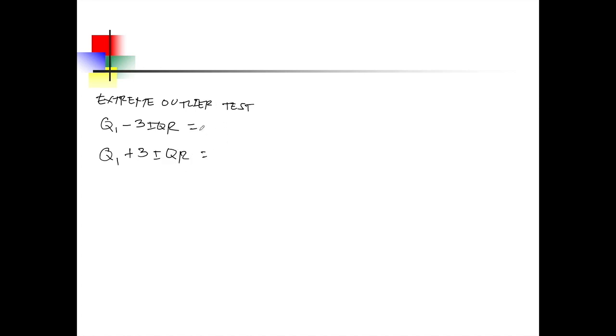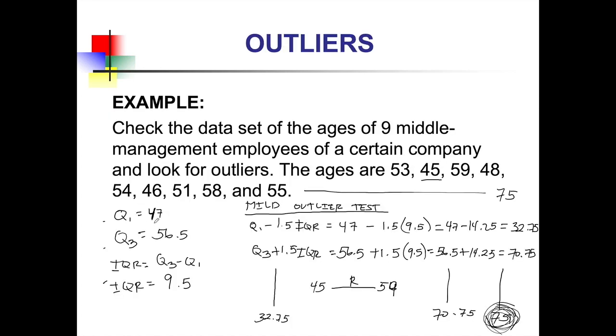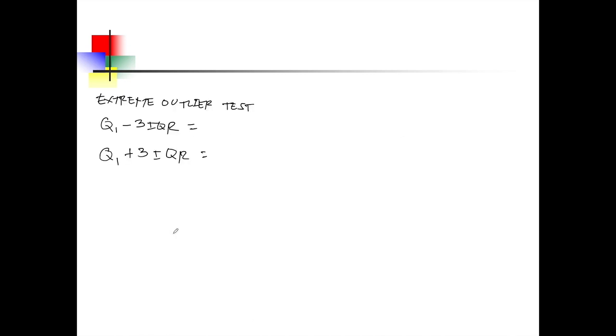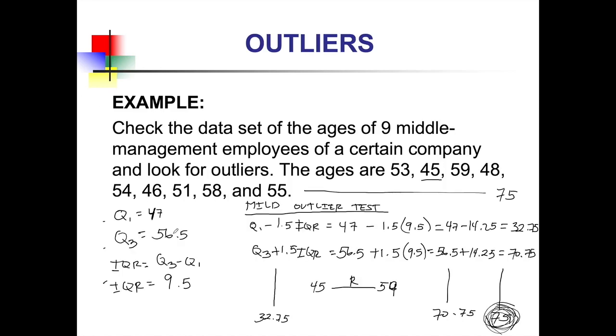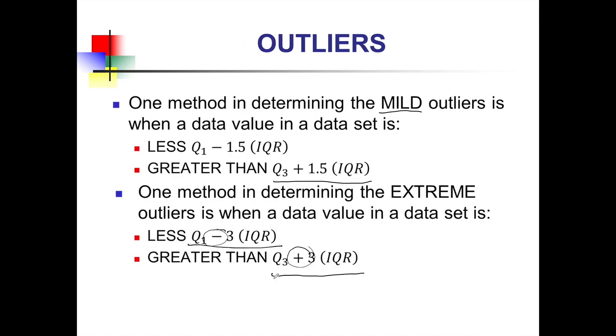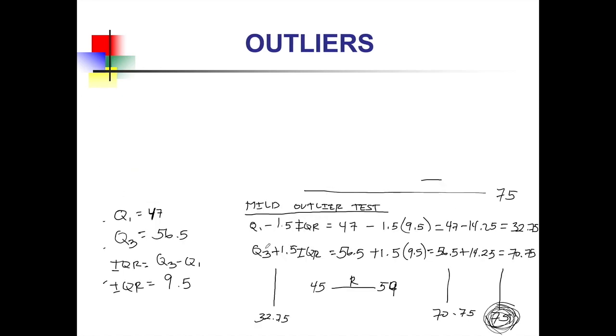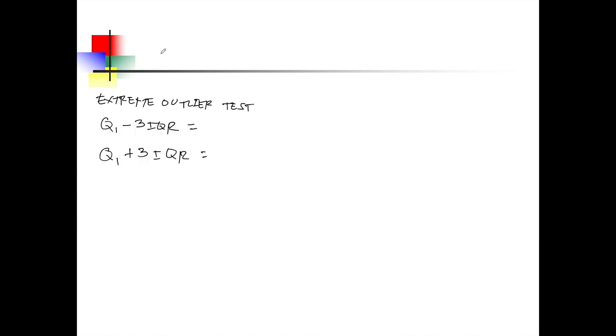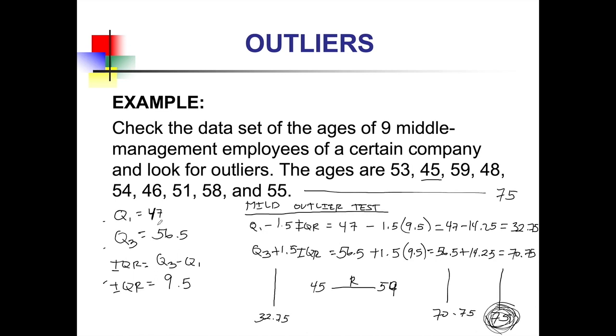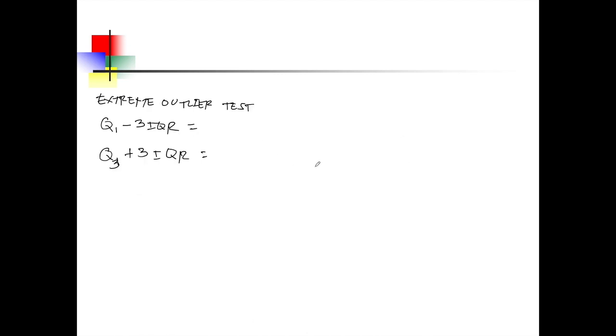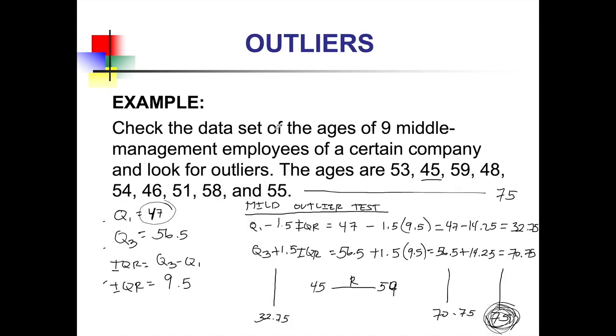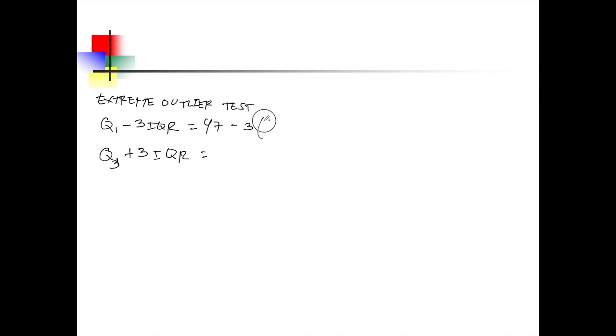Okay, for the Q1, again, our Q1 is 47, our Q3 is 56.5. For the formula, rather, this is Q3, Q sub 3. For Q1, again, we have 47. So, let's substitute 47 here, minus 3 multiplied to our IQR, which is 9.5.